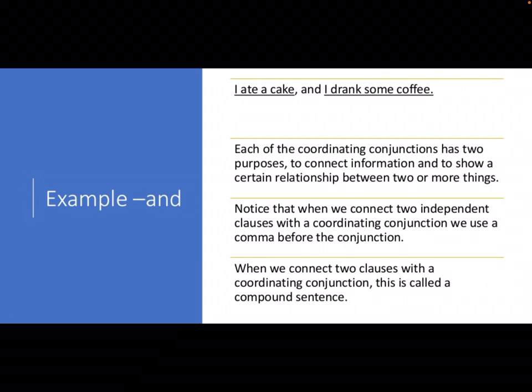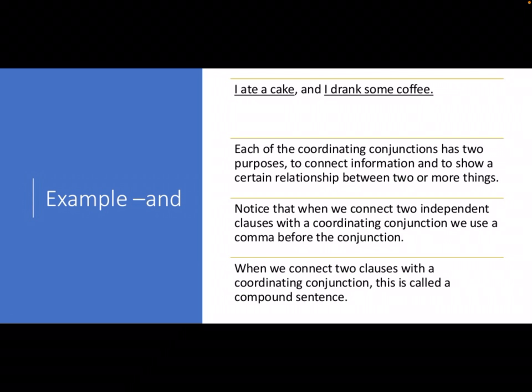Each of the coordinating conjunctions has two purposes. يعني all of the coordinating conjunctions إلهم سببين. One, to connect information, نشبك ideas together, and two, to show a certain relationship between two or more things. نبين العلاقة بين إشيان أو أكتر.